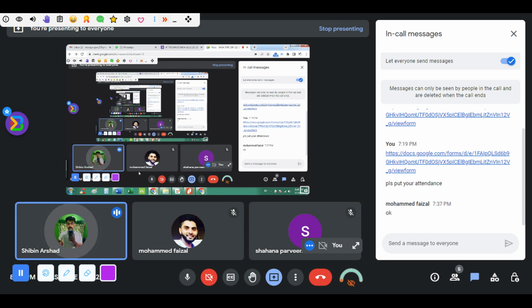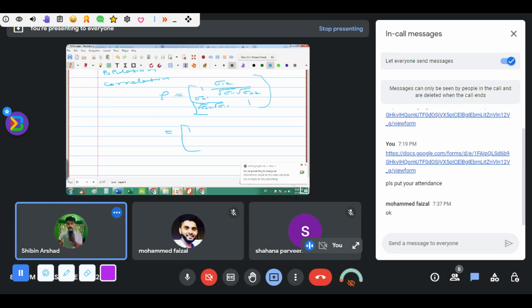0.15 divided by root of 0.6 into root of 0.2016. Yes, complete, that is the result.